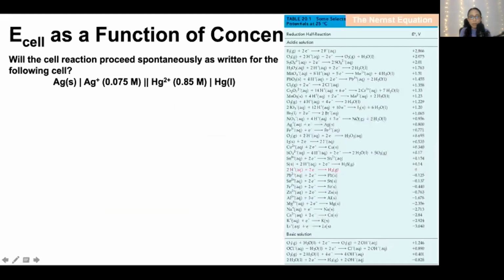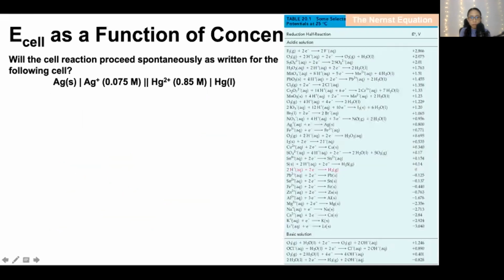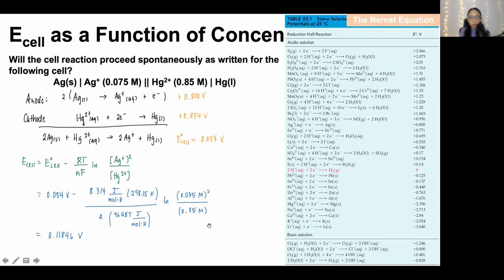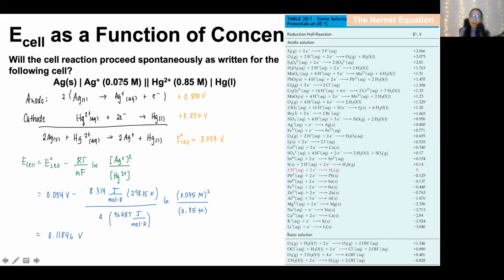Since the cell potential is positive, it means that the reaction is spontaneous, and that's because you will get a negative delta G, not delta G naught.